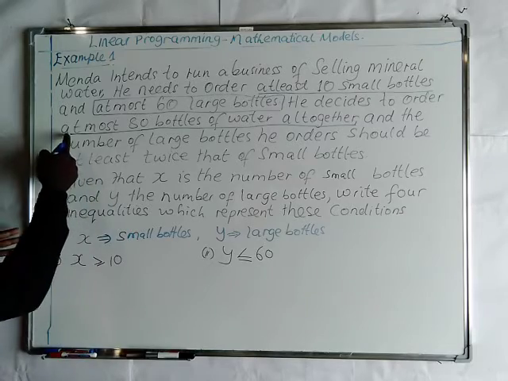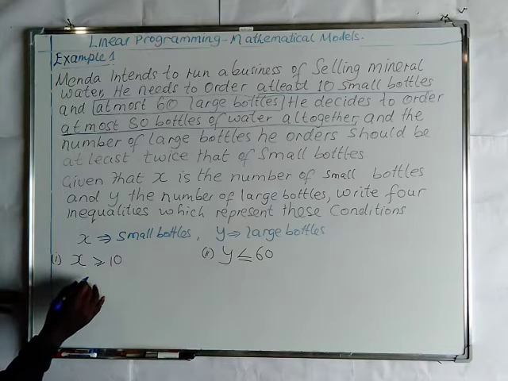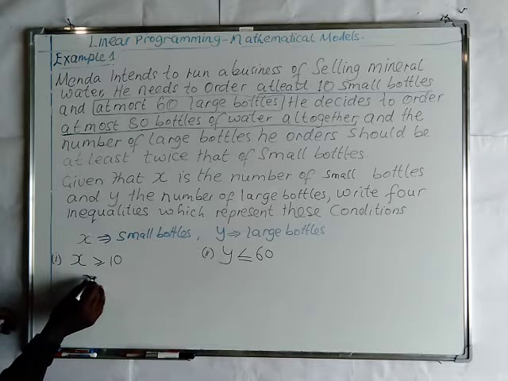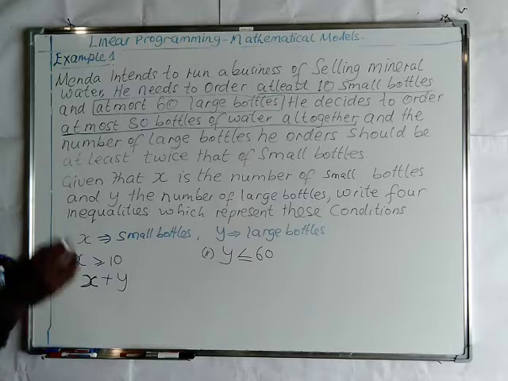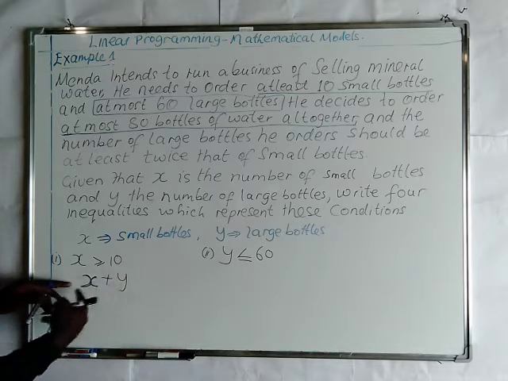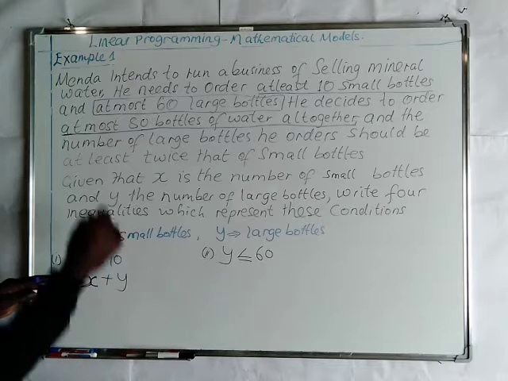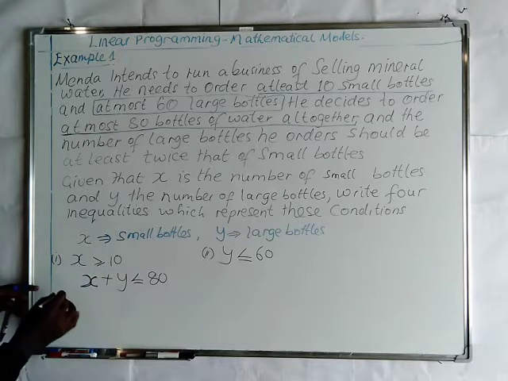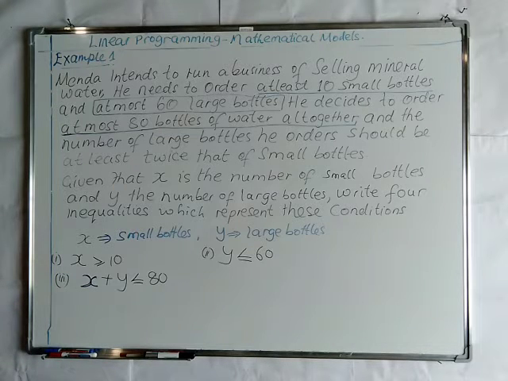So from altogether, we have X, the small bottles, plus Y, the large bottles. At most means the maximum, less than or equal to 80. So this is our third inequality.